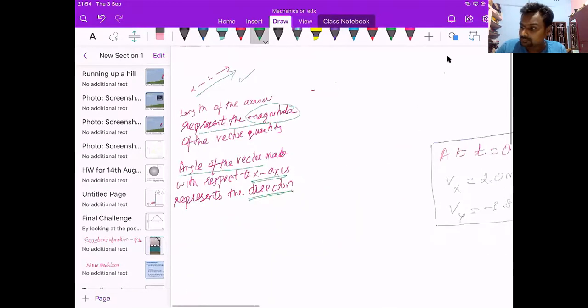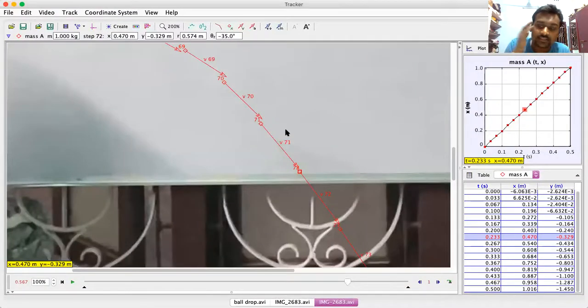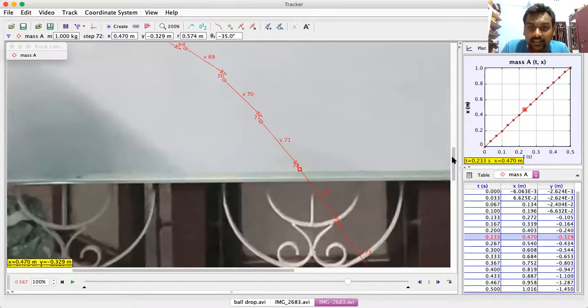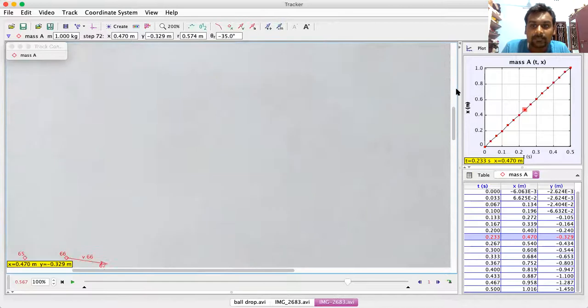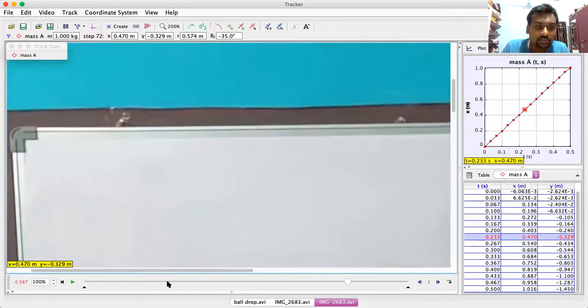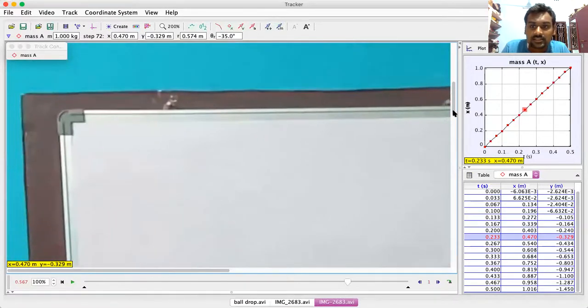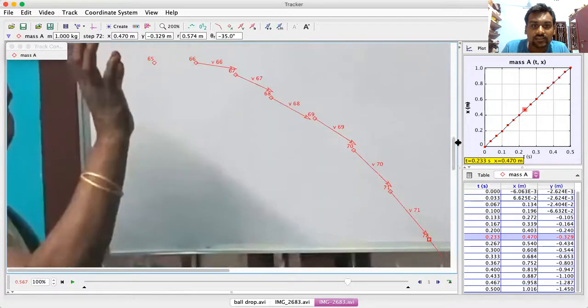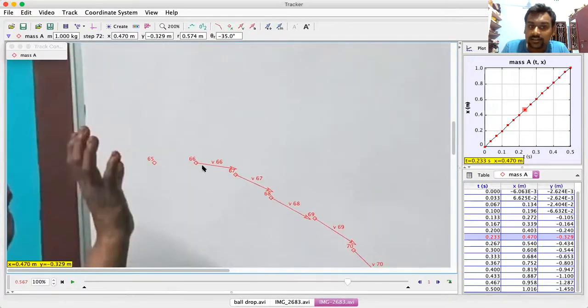Now, if I go back to the tracker file, you see that these arrows are representing the velocities at various instants in time. And you can see very clearly their lengths are actually changing. If I go close to time zero, you can see the arrows are very, very short here, right?